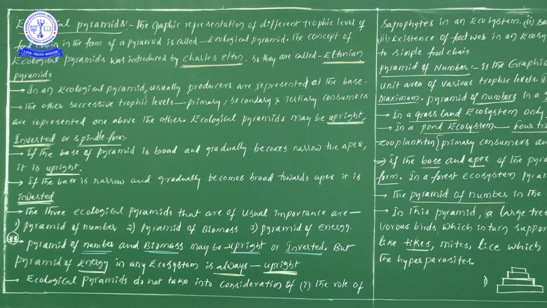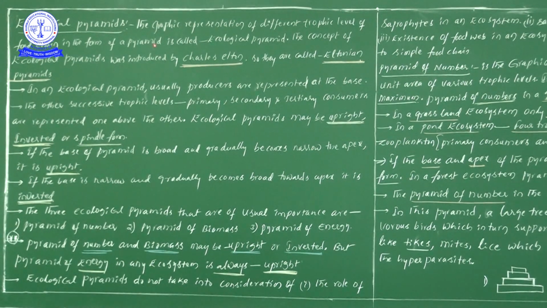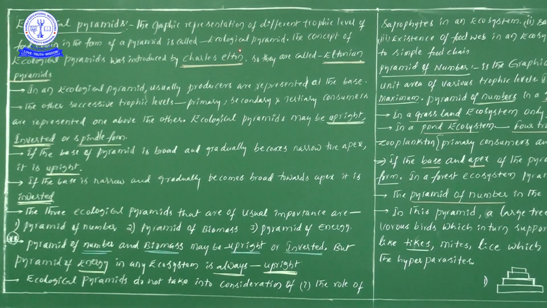So the graphic representation of the different trophic levels of a food chain in the form of a pyramid, that particular pyramid we will consider an ecological pyramid. Ecological pyramid is nothing but a graphical representation of the different trophic levels of a food chain.